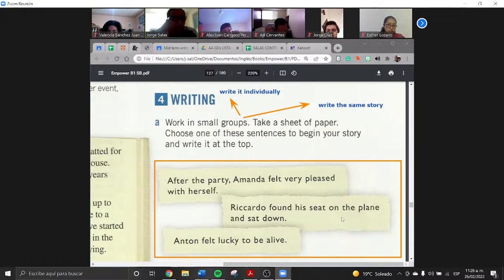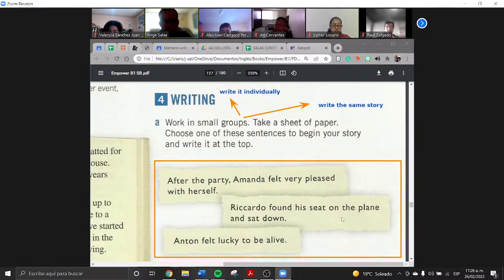And then you start developing your story. Things that we need to consider: use of narrative tenses and the use of linkers. A few years ago, after a while, suddenly, all of those that we checked before the break.